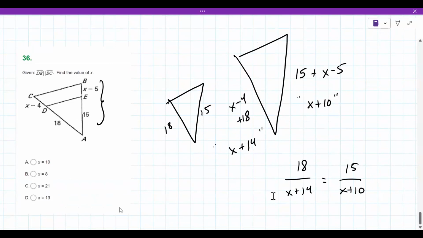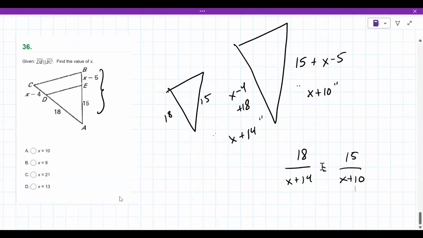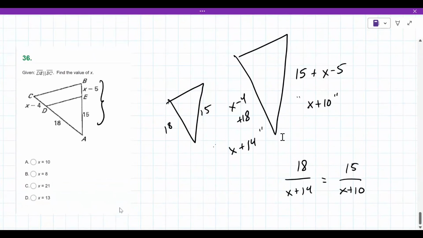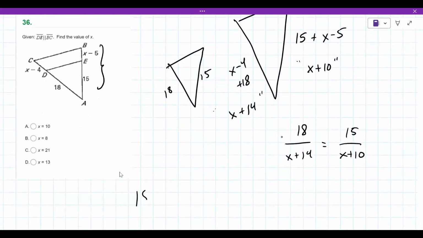Now, do you feel like this is something you could solve? If not, we can go right to the answers to try to solve it. For this one, I would have to do the x plus 14 equals x plus 10 first. You have to diagonally multiply. So I would do 18 times x plus 10 equals 15 times x plus 14. How would I put that in?